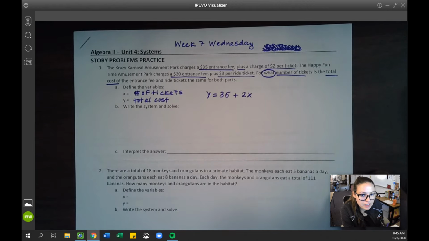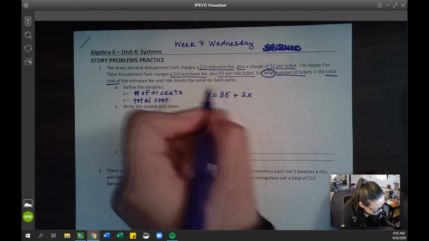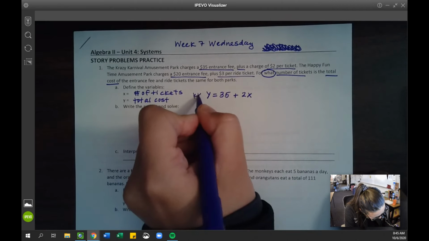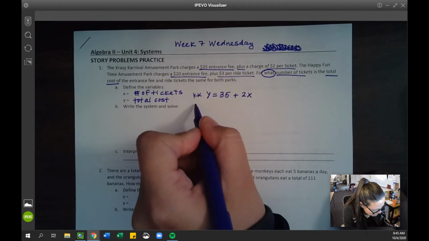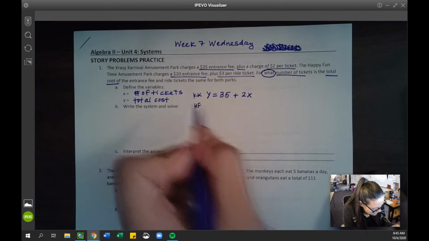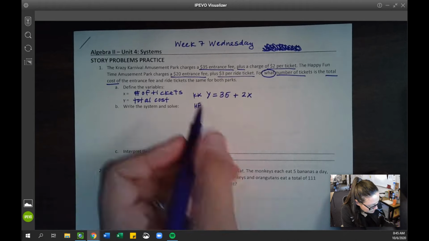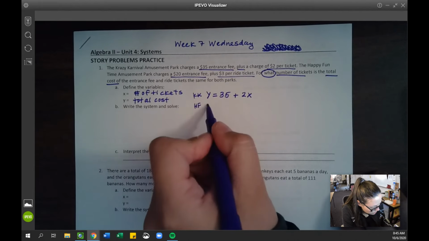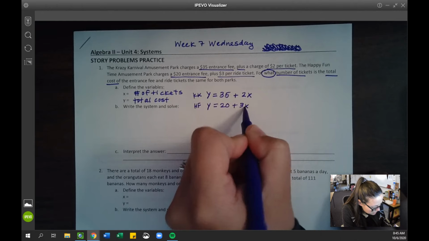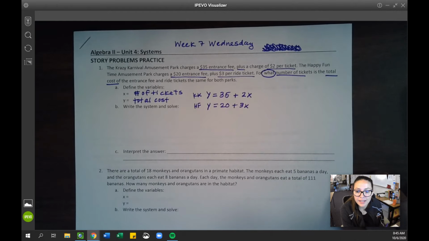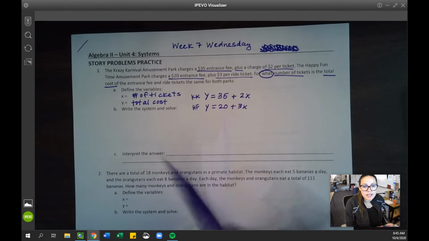So that's for Crazy Carnival. The Happy Fun Time amusement park, HF for Happy Fun, we get the total cost being $20 plus $3 per ticket. And now I have a system and I can find when these two are equal to each other.